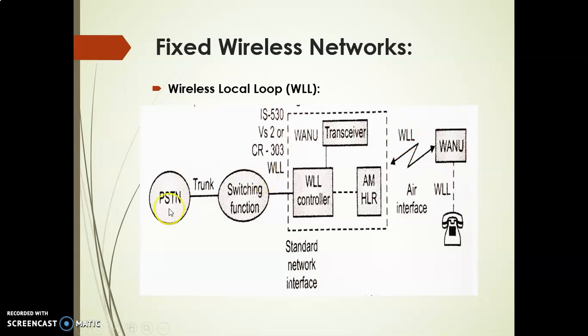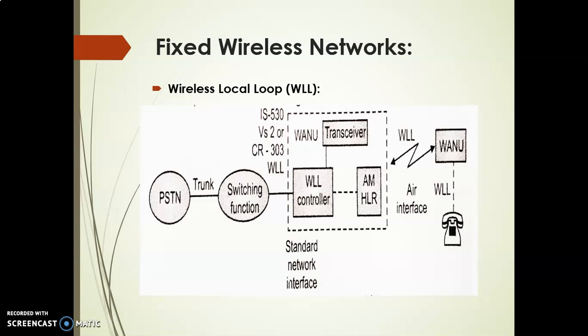Okay, first PSTN. PSTN is a public switch telephone network connected to the switching function. Then switching function is connected to the standard network interface, where your three blocks are placed. First is WLL controller, that is wireless local loop controller, then amplitude modulation, home location register, and transceiver.